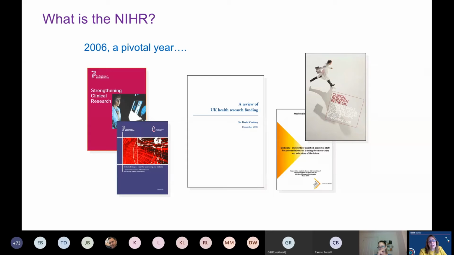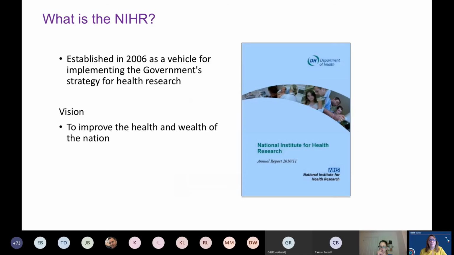And so that's when, in 2006, Dame Sally Davis said, right, 1% of the NHS budget, that's around £1 billion a year, so we'll create the National Institute for Health Research. And again, think of this as Department of Health funding.